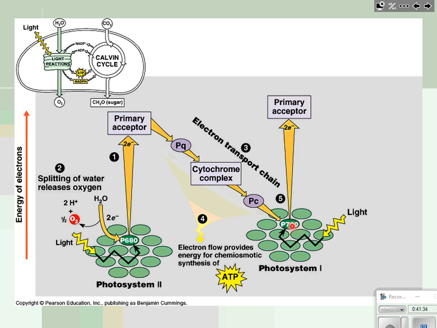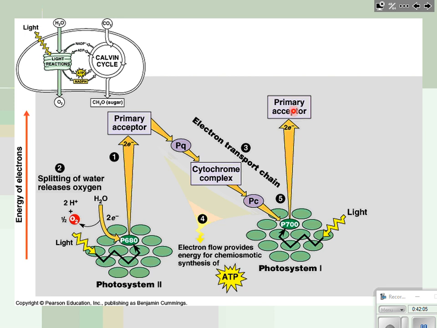And it's going to have so much energy being funneled into it that once again, 2 electrons are going to be re-energized and re-excited, and they're now going to once again have so much energy that they're going to leap out of the chlorophyll. There's those 2 high energy electrons. They've been juiced up with light energy, and now they're going to leap out of the chlorophyll, and they're going to be picked up once again by a primary acceptor protein.